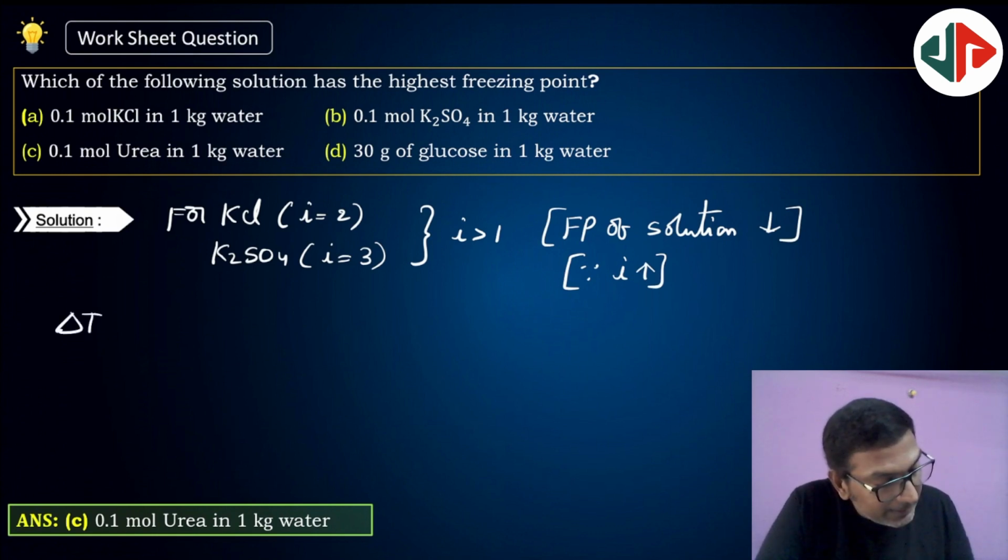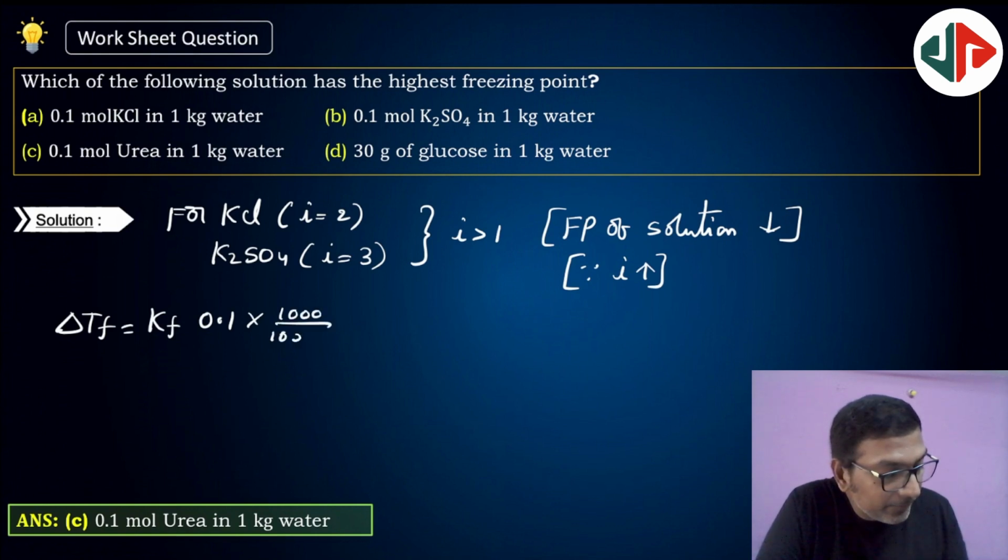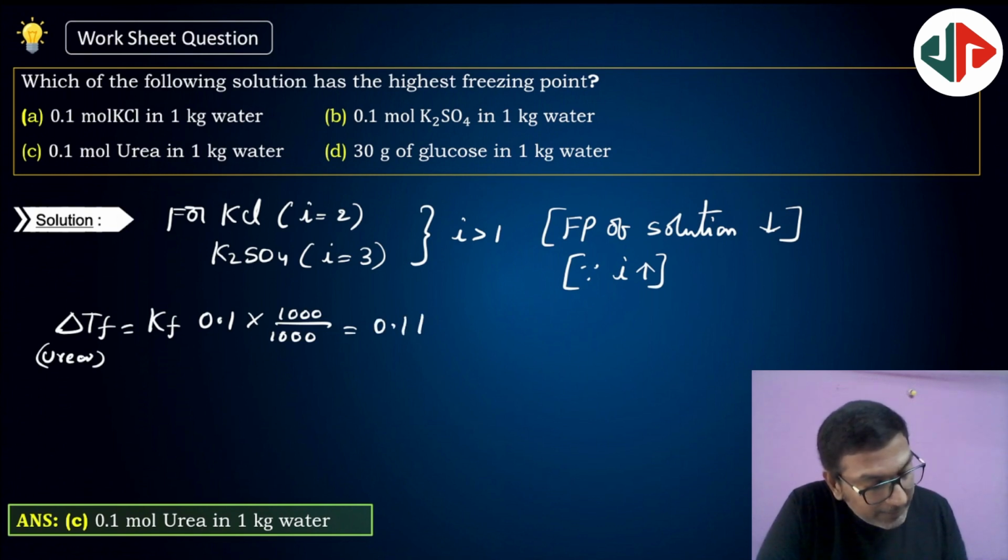So ΔTf for urea equals Kf into 0.1 into 1000 by 1000. So this is for urea solution, which is equal to 0.1 into Kf. Kf is constant.